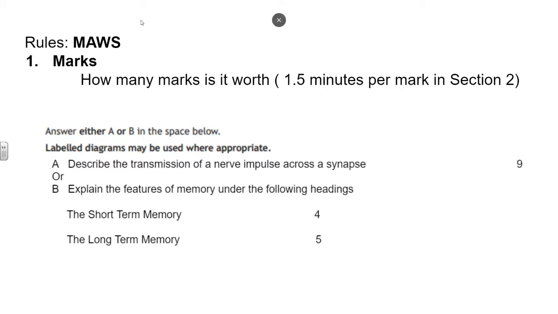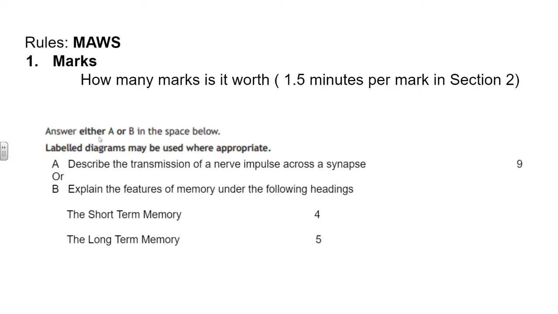In this case, we know it's worth 9 marks, so 9 times 1.5 gives you, it's good maths, about 12 minutes to do the question. So you have about 12 minutes from the point you get to this question to go through MAWS and complete the question.